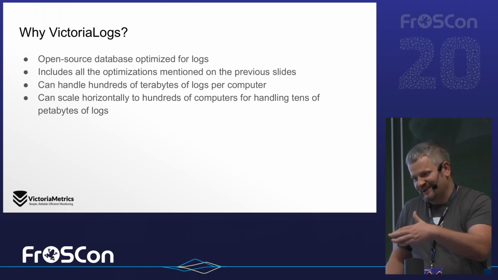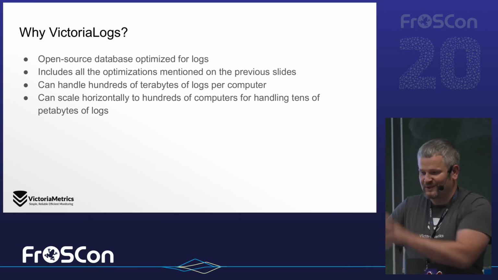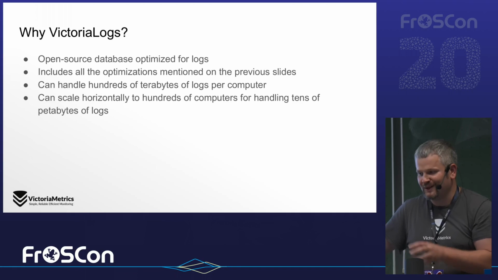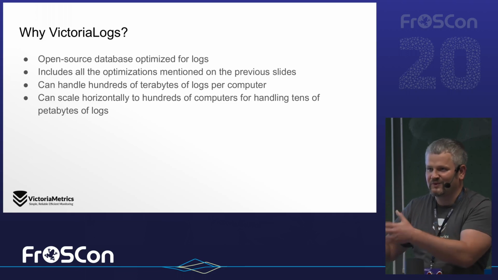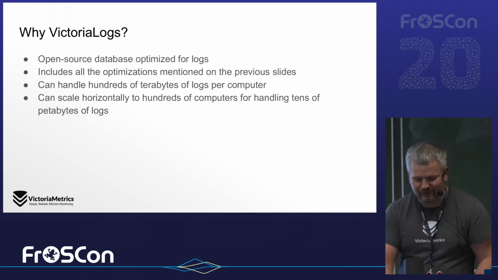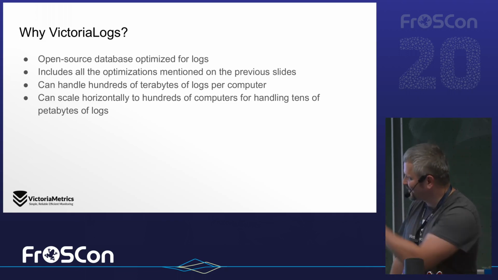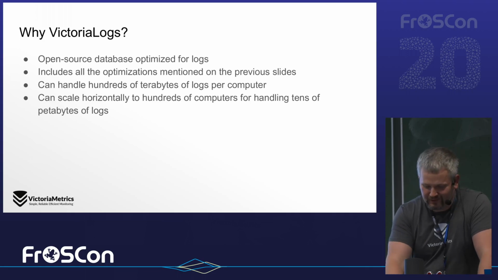It accepts queries and pushes down the execution of these queries across all the storage nodes. All the storage nodes pre-calculate everything they can, and then the select node performs final calculations. And you can run, as I said, hundreds of individual storage nodes for VictoriaLogs, and it works very fast and efficient.